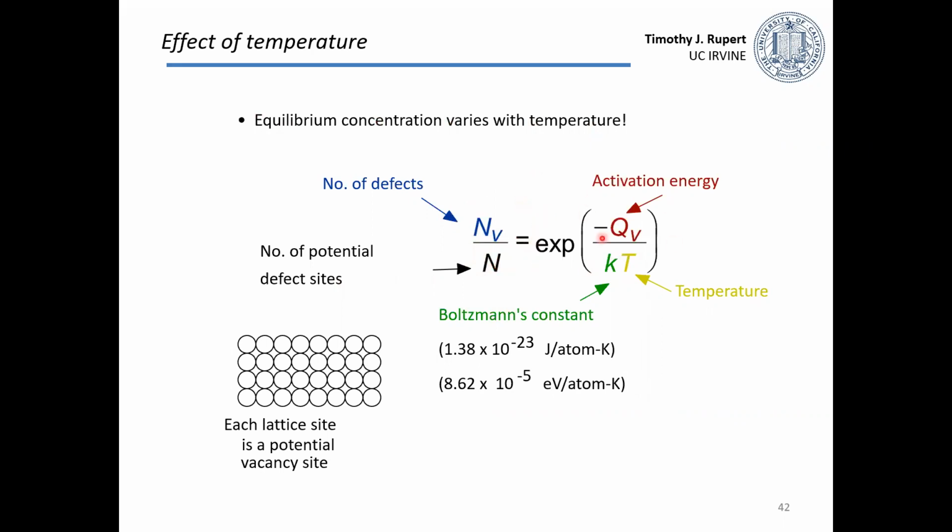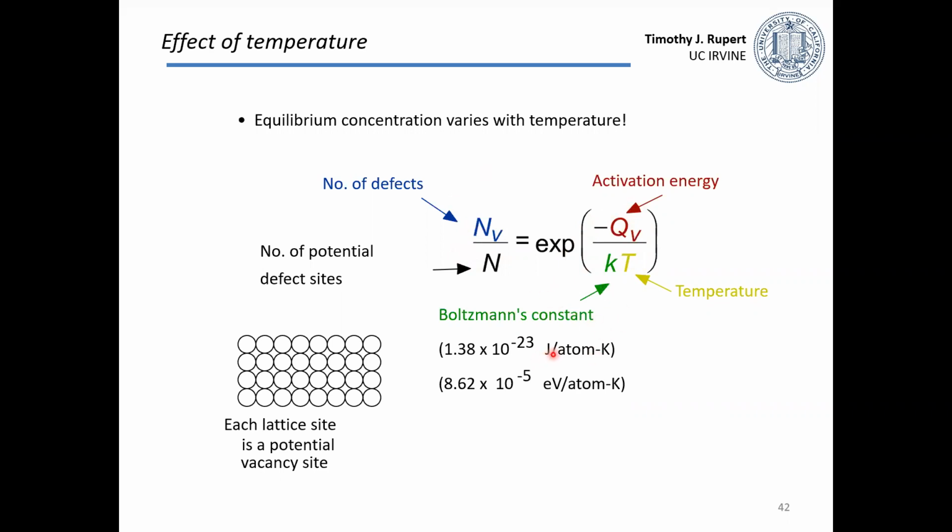And on the right side is an exponential term, which has a negative activation energy, and it's divided by Boltzmann's constant and temperature. Okay, this term in here has to be unitless. So the bottom has to end up having the same units as the top, so that when we divide them, they get rid of it. It's unitless, which makes sense because we're trying to look at a fraction which doesn't have units either.